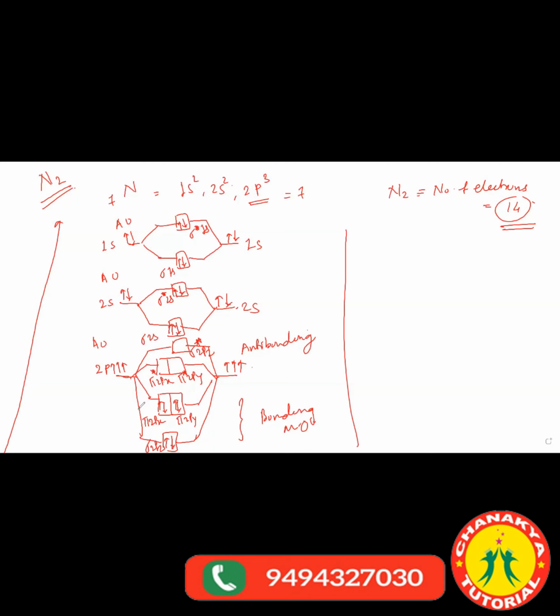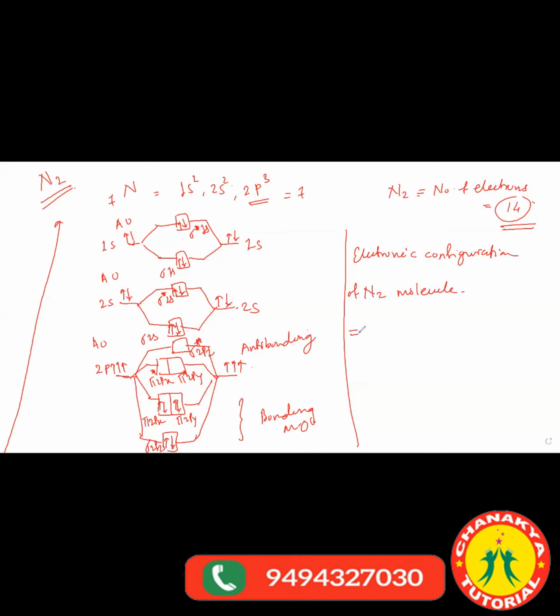Yes, 2px, 2py will fill first, then it will go to sigma 2pz, then it will go to the anti-bonding in the same way. So what would be the electronic configuration of the N2 molecule?